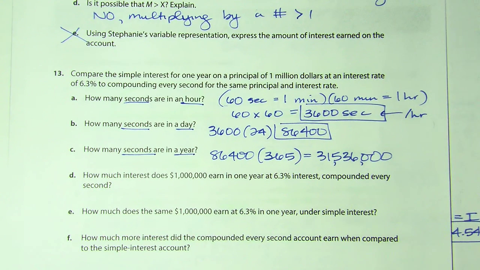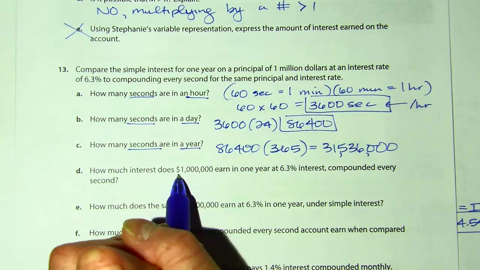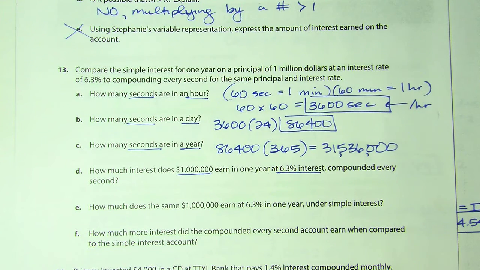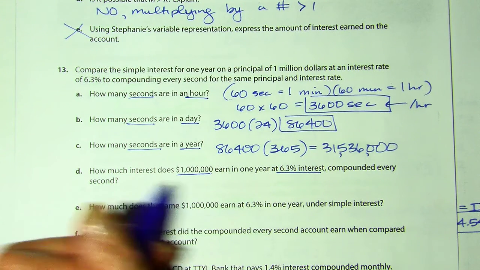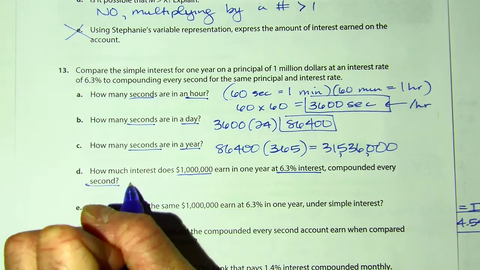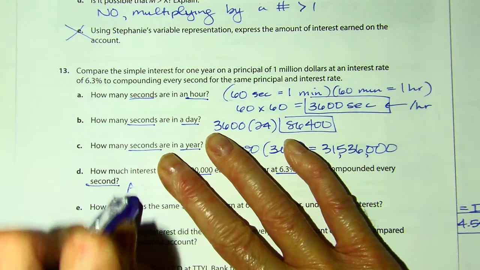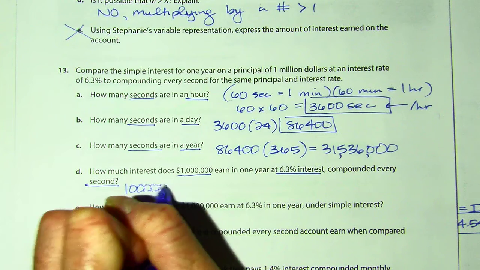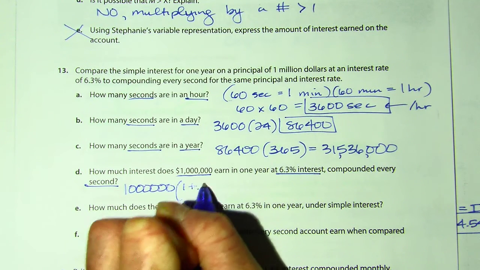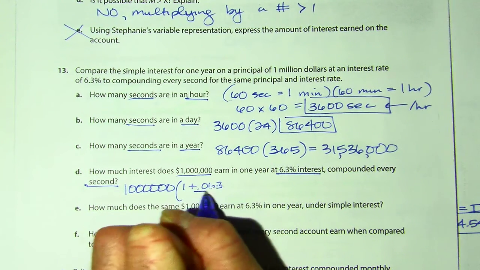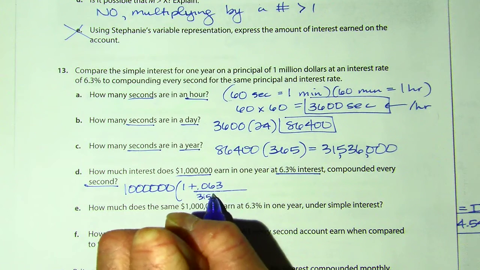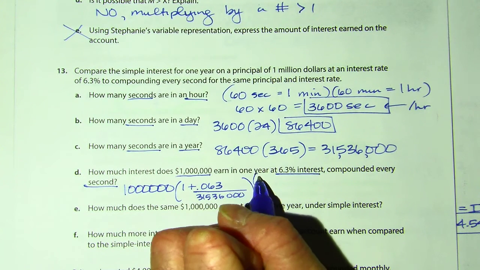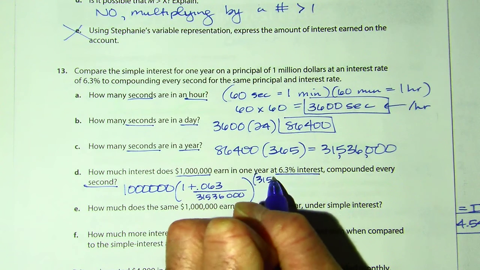So how much interest does $1 million earn in 1 year at 6.3% interest compounded every second? So that would be 1 million, 1 plus our rate divided by 31,536,000, and our exponent would be 31,536,000.